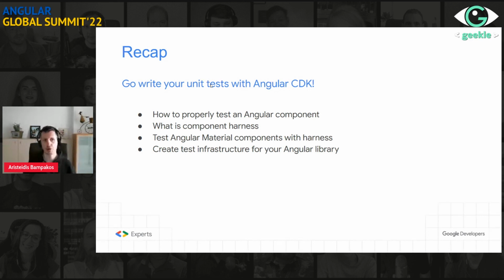So today we saw how to test an Angular component in the Angular way. What is a proper way to do it? What is a component harness and why should someone use it? And then we saw two use cases. One, from the perspective of the user of a library with Angular material, and another one as the authors of a library.